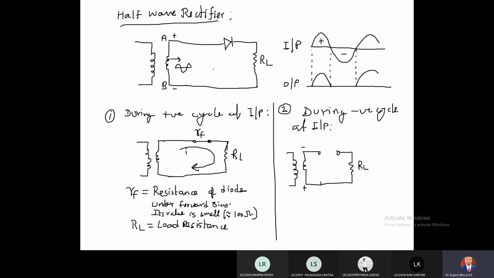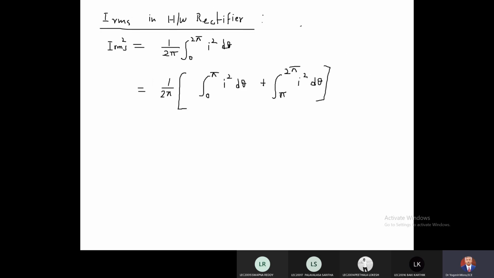Now you see here, when the input AC sine wave is applied, you get this type of waveform. This is actually your input which you are sending, but during the negative cycle of this input, the diode is reverse biased, the diode is an open circuit, so this portion will not flow through this circuit.